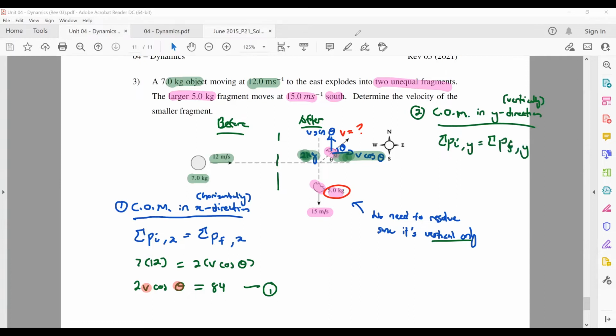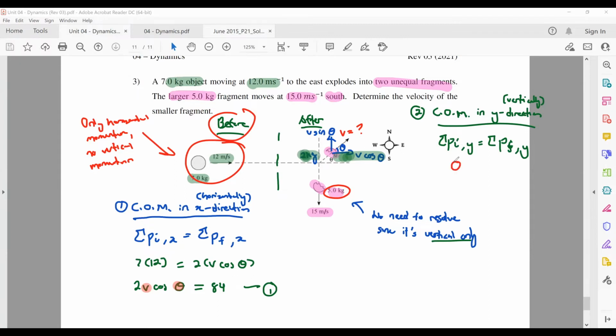So the sum of initial momentum is equal to the sum of the final momentum vertically. Let's consider the momentum vertically before collision. Now here, this one has only horizontal momentum, no vertical momentum, because you see that it's only moving horizontally, right?